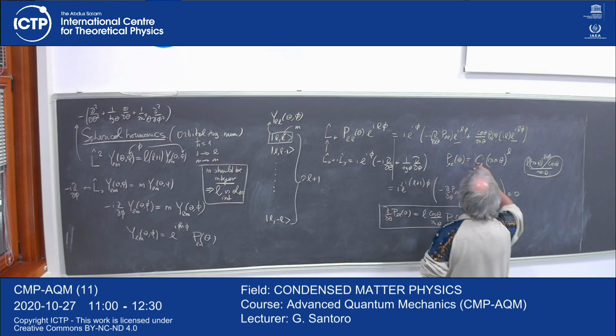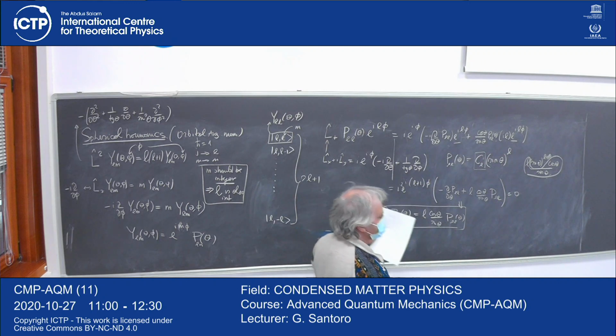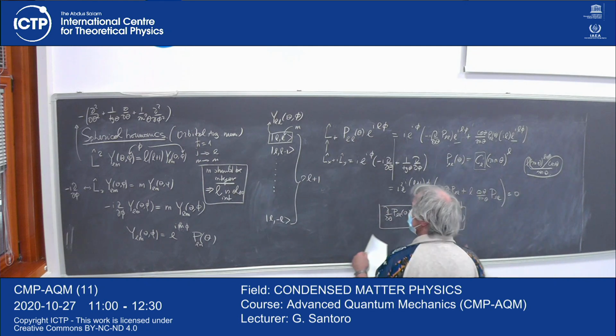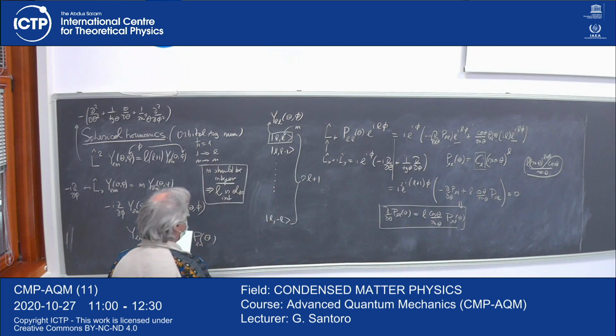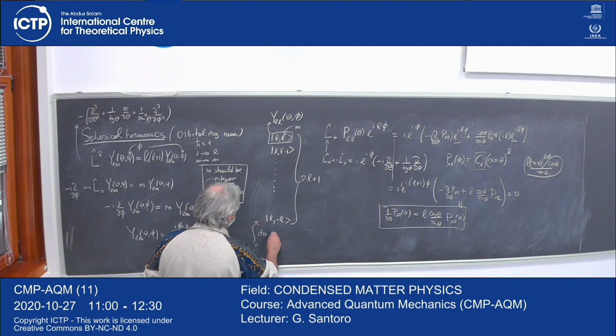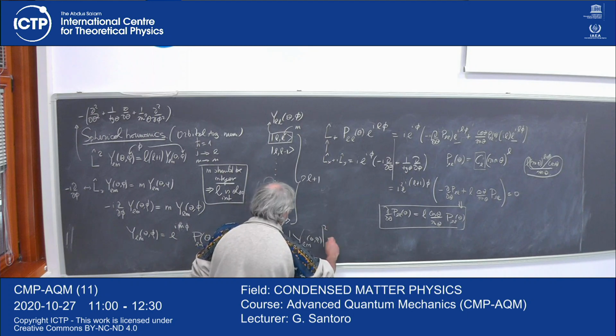Obviously, you have to normalize appropriately with the coefficient C_L, but for this you can go and look for tables so that these objects are appropriately normalized. So the normalization that you require is that the integral over theta from 0 to pi, the integral over phi from 0 to 2 pi, of the modulus square of Y_LL of theta and phi is equal to 1.